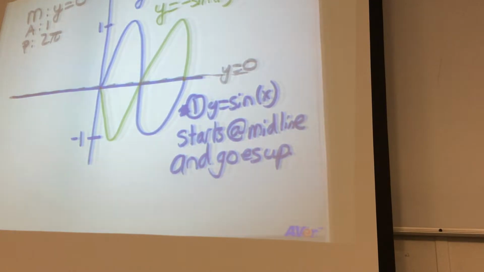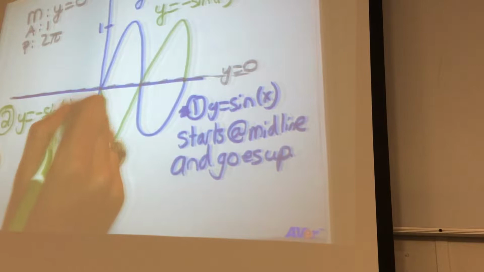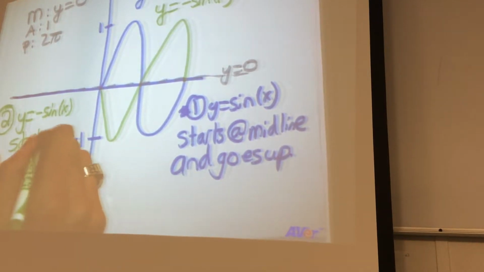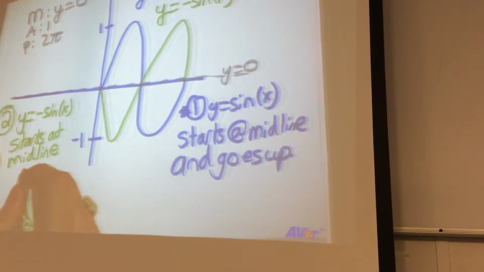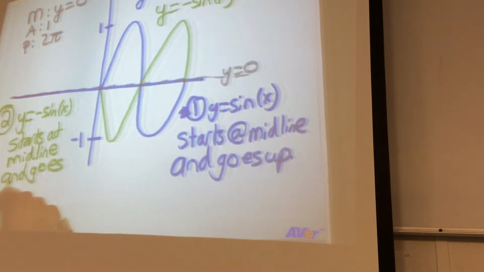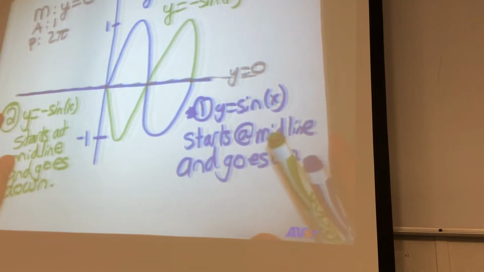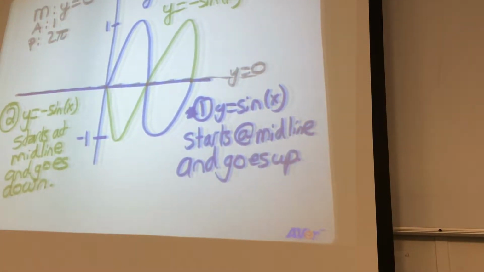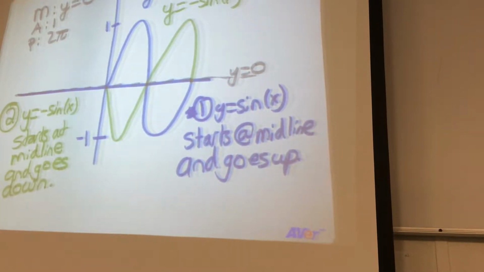Whereas negative sine, I'll do that over here, number 2, y equals negative sine of x starts at the midline and goes down. This is going to be crucial to know. These two facts will become very helpful as we write these equations.